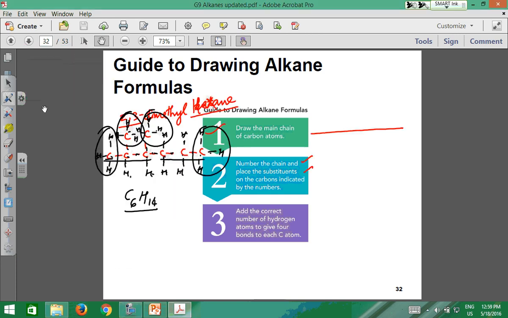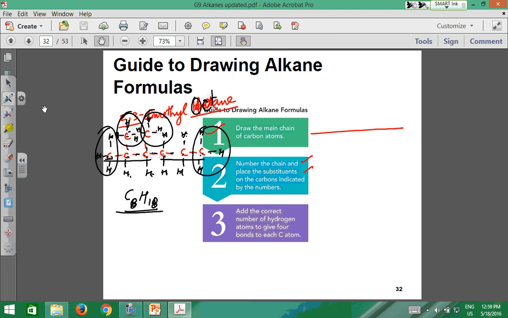Now this is not hexane because there are 8 carbons, 1, 2, 3, 4, 5, 6, 7, 8. So it is octane, no problem. Octane means C8H, 8 times 2, 16, plus 2, 18.